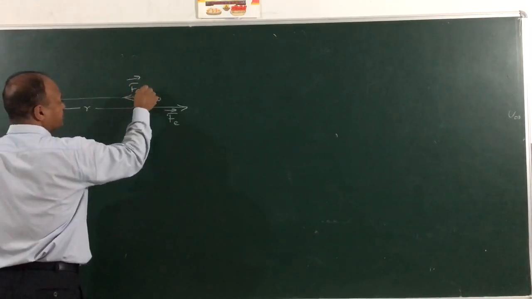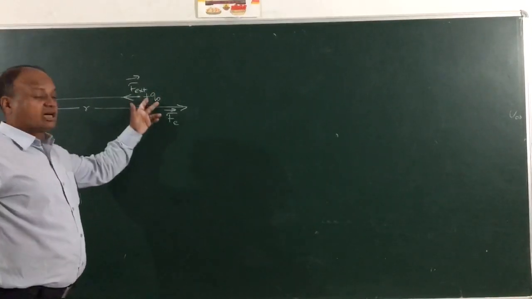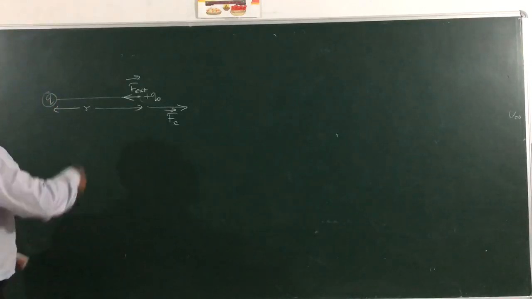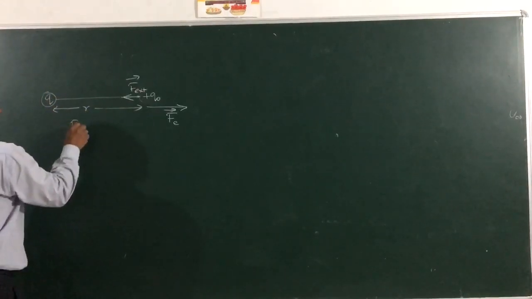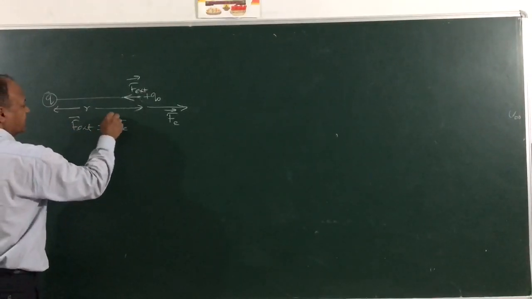You have already been taught that we have to make sure that charge Q naught is not accelerated, it moves with uniform velocity. That means F external will be the negative of what? F.